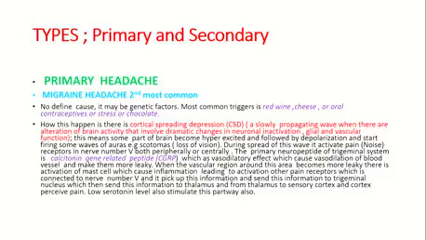That has a vasodilatory effect, and this vasodilatory effect will increase the permeability of vascular region around the trigeminal nerve. And when it is increased, it will start to become more leaky, and when it becomes more leaky, it means there will be signs of inflammation, and among the signs of inflammation is pain.